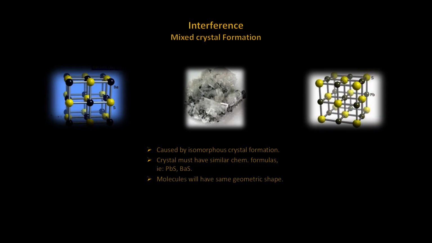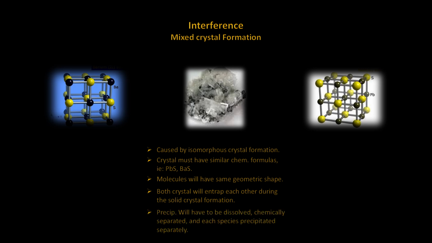During crystal growth, both species will form simultaneously and will entrap each other during the solid crystal formation. The result is two separate species locked together in a single crystal formation. If this type of interference appears, then the precipitate will have to be dissolved and the species chemically separated before reprecipitation can be achieved for each species separately.